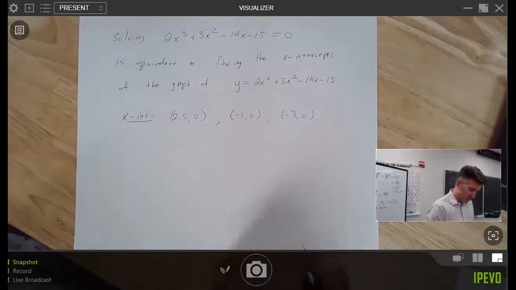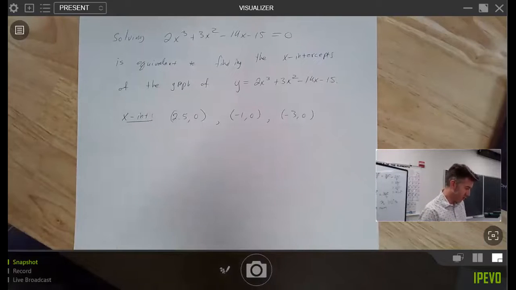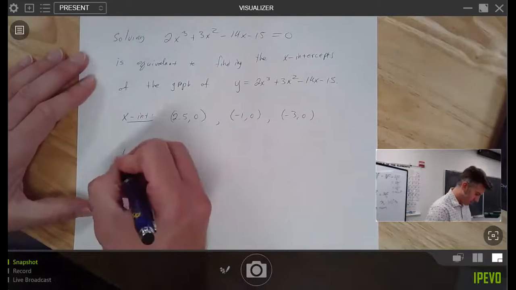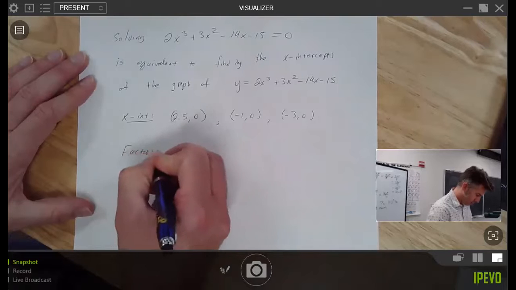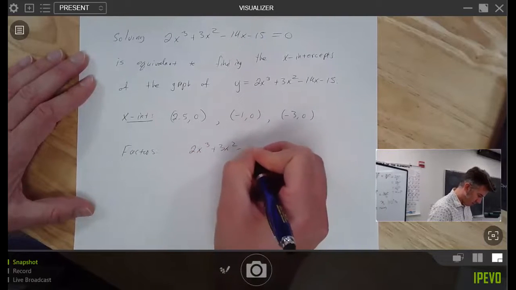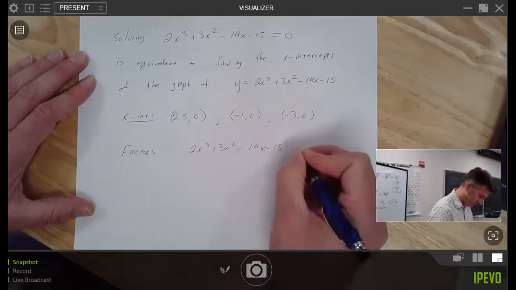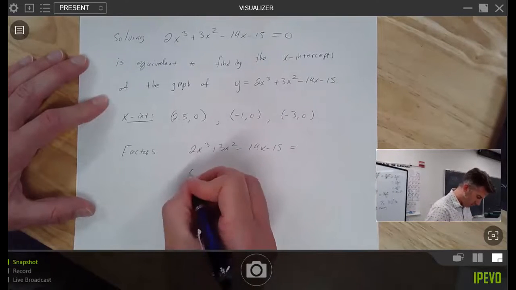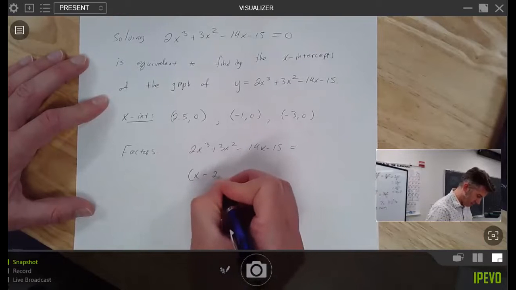So this means one of the ways we could try to factor this is, well, we could factor 2x cubed plus 3x squared minus 14x minus 15 as x minus all of the x-intercepts.